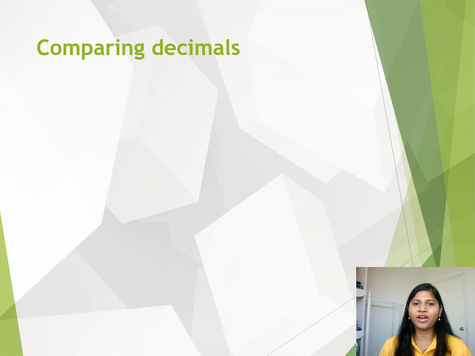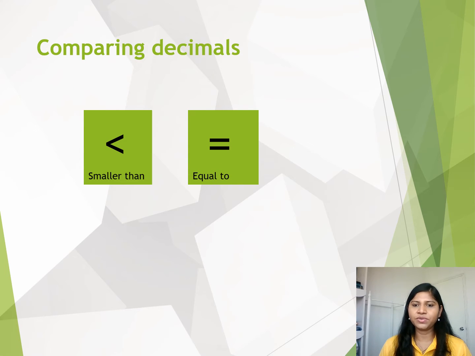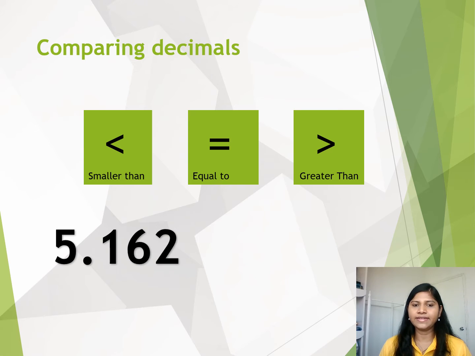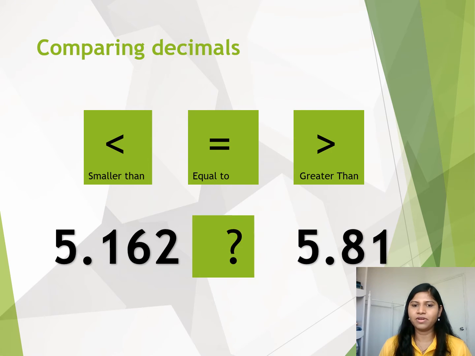Okay. If you are good at place values, it will be very easy for you to compare decimals. Comparing decimals, we use the symbols smaller than, equal to, and greater than. So we will just take a look at an example. Here I have two numbers, 5.162 and 5.81. We need to compare these two numbers.